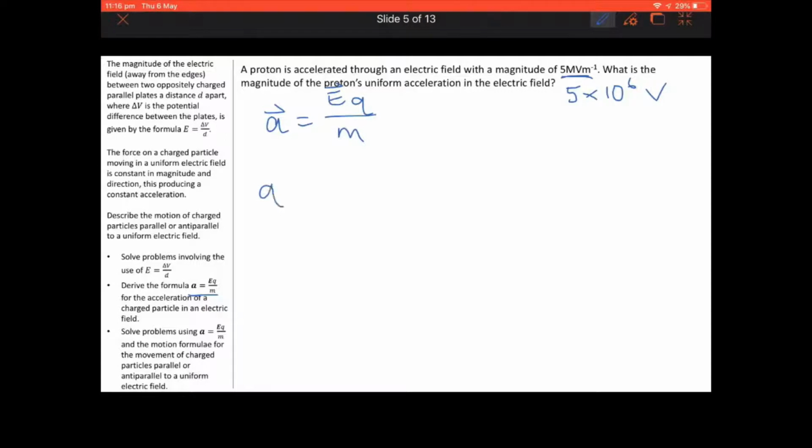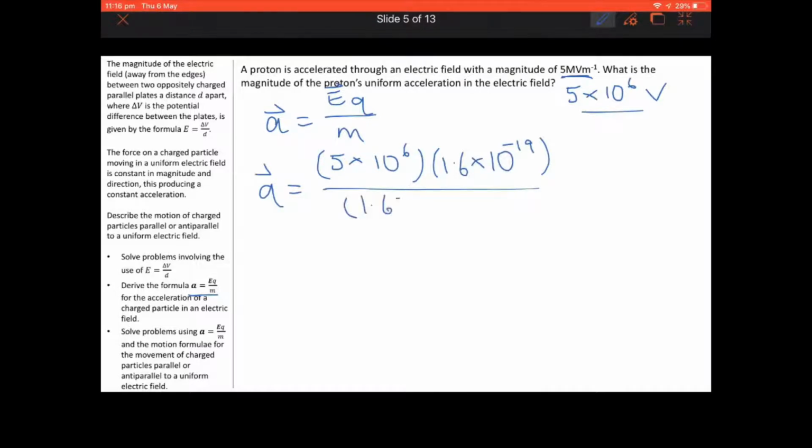So acceleration is going to be equal to the field strength, which is 5 by 10 to the 6, and then the charge, which is 1.6 by 10 to the negative 19 coulombs, and the mass of the proton is 1.673 by 10 to the negative 24.